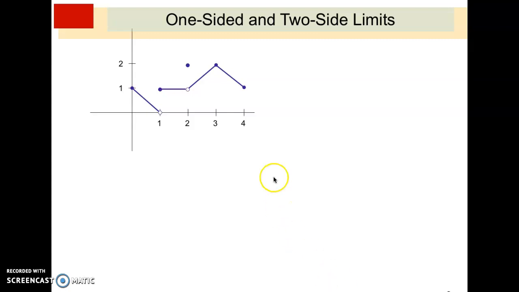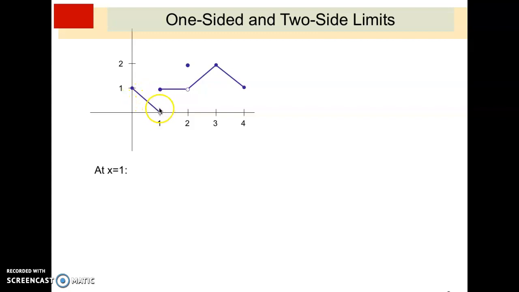If I said to you, what is the limit as x approaches 1? As x is approaching 1, we look and say, okay, we'll start here. Here's x equals 1. We'll go on the function and say, okay, what is the output of the function targeting?